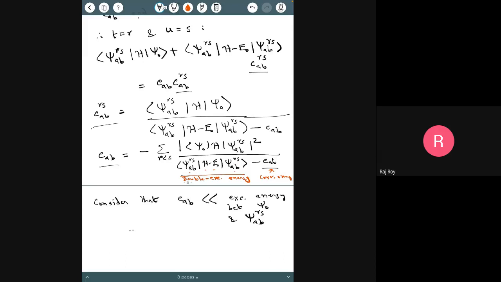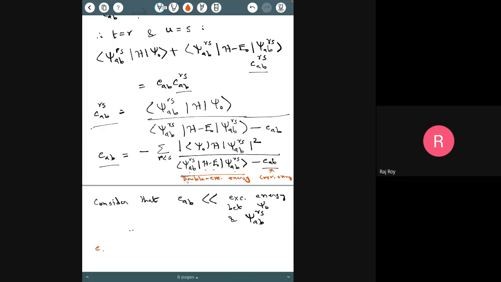Now, typically a correlation energy will be several orders of magnitude smaller than an excitation energy. Okay. So, making that, well, not an assumption, but the consideration of the reality, you can ignore EAB relative to the excitation energy.